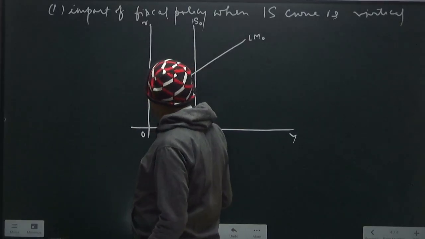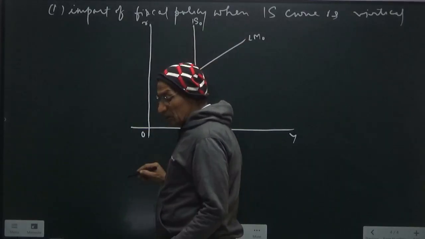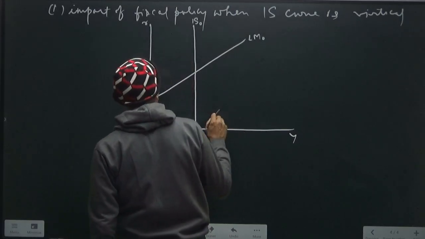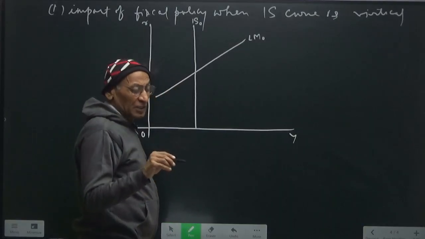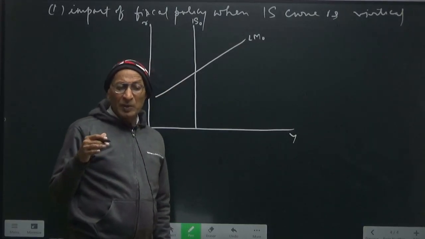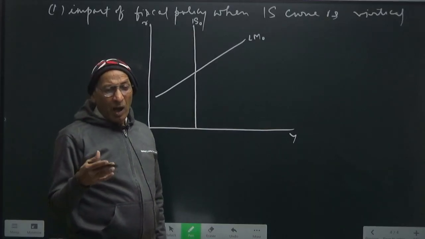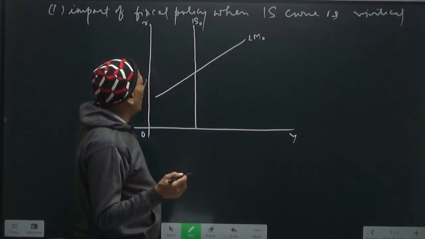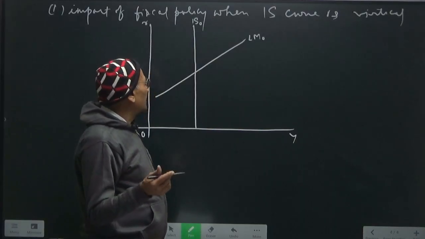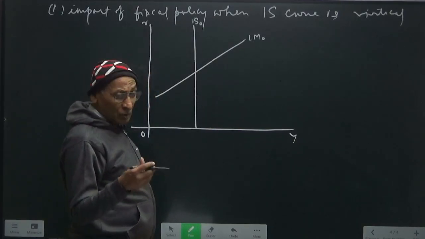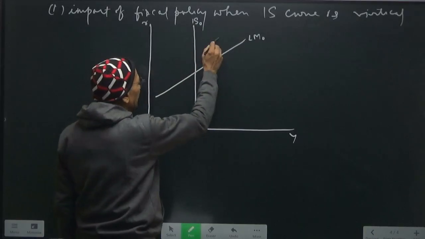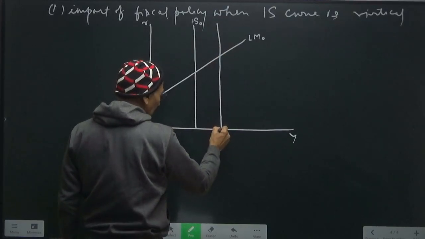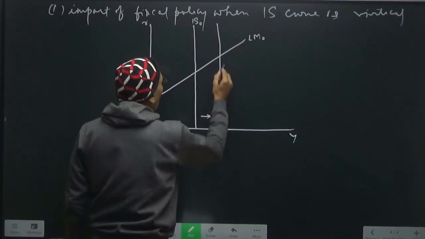Now, we have to show the impact of fiscal policy. Fiscal policy means change in public expenditure. What will be the impact on the IS curve? With the increase in government expenditure, the IS curve will shift rightward, and this will be IS1.